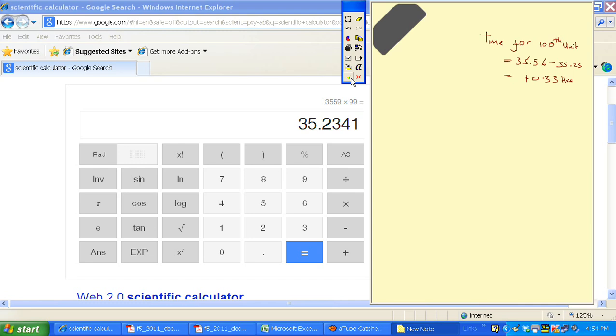Okay, so now we can complete the question and try and find the new labor costs. If we begin with year 2, remember we had 100 units and each was 0.3556, which gives you 35.56 hours.